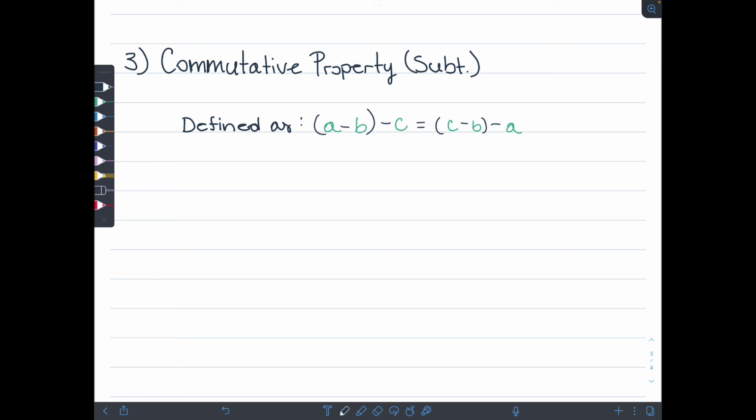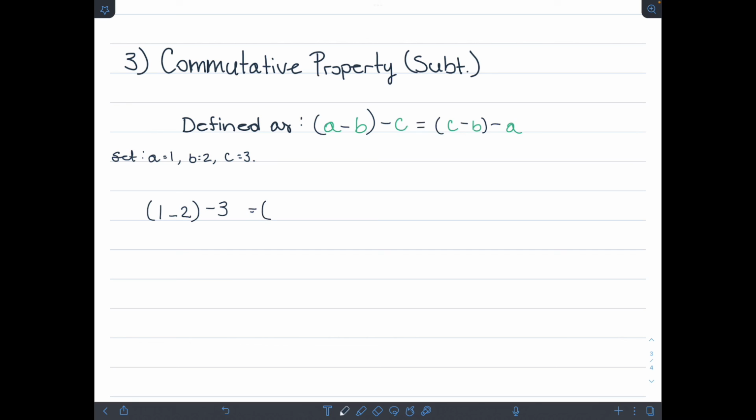That's the definition of the commutative property of subtraction. So let's test this property. We're going to use the same numbers as the last one. A is 1, B is 2, and C is 3. So 1 minus 2 minus 3 is equal to, parentheses, 3 minus 2 minus 1.